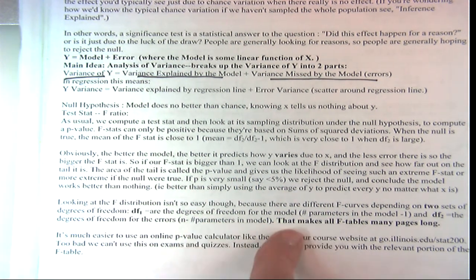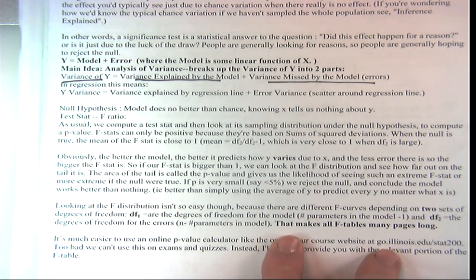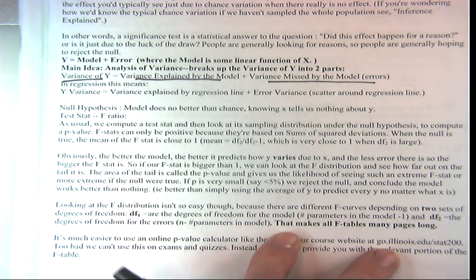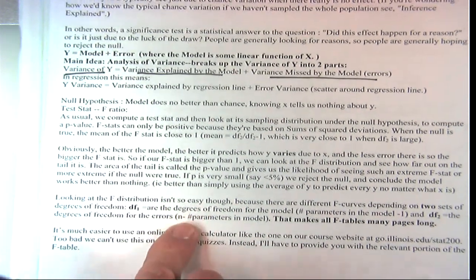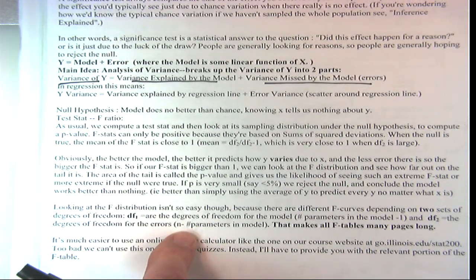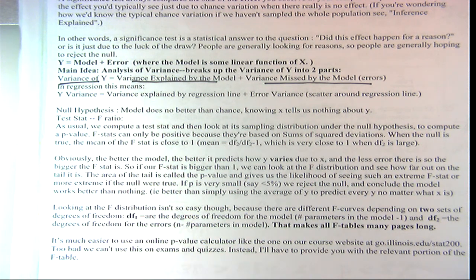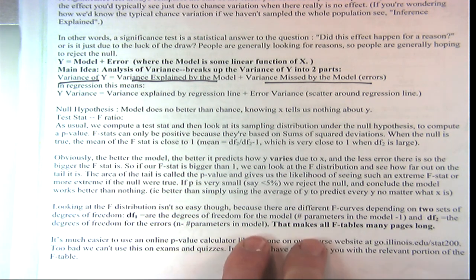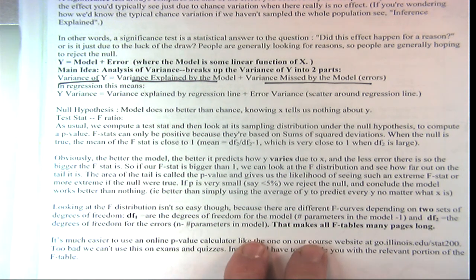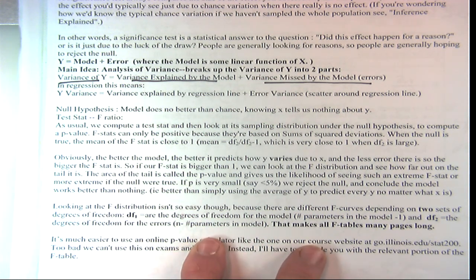And then the degrees of freedom for the denominator is based on your sample size. This is where it's similar to the t distribution. But it's the sample size minus each parameter that you're estimating. So if we have those 3 predictor variables and 1 intercept, it would be n minus p, n minus 4.